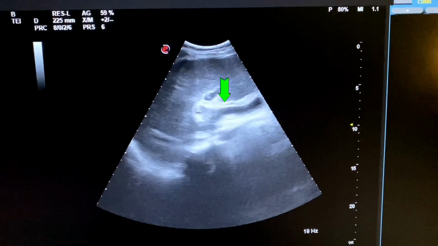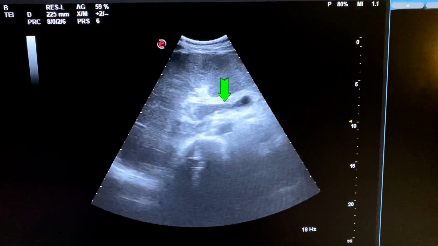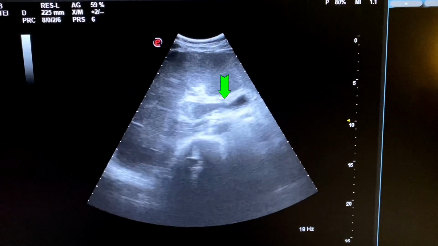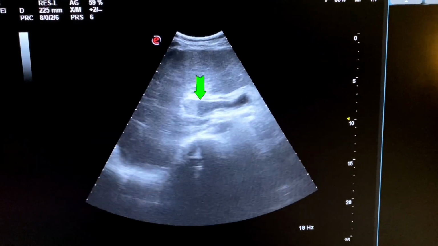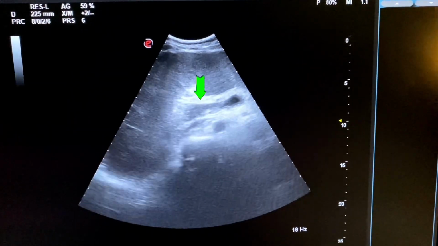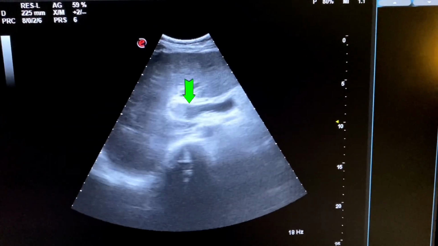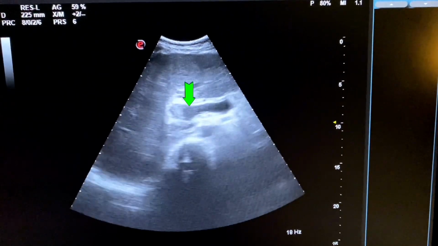Now we will scan the portal vein. Here we see the portal vein, and there is also an isoechoic mass in the portal vein at the porta hepatis, which is a thrombus.